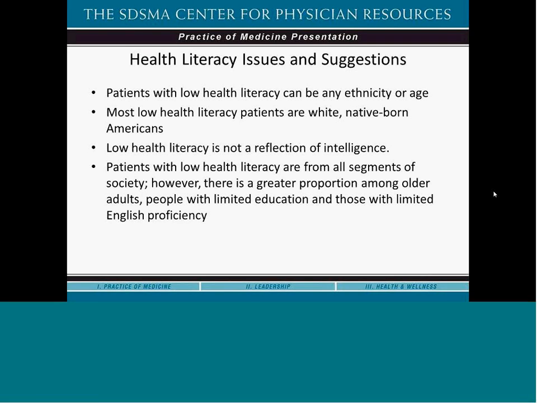Remember that patients with low health literacy can be any ethnicity or age. In fact, most low health literacy patients are white native-born Americans. Literacy is not a reflection of intelligence. Again, back to the college-educated persons that still have the inability to grasp the mental aspect of what they're participating in as a patient.